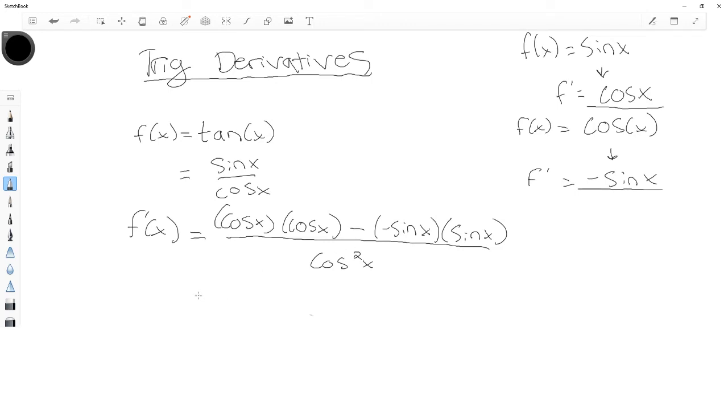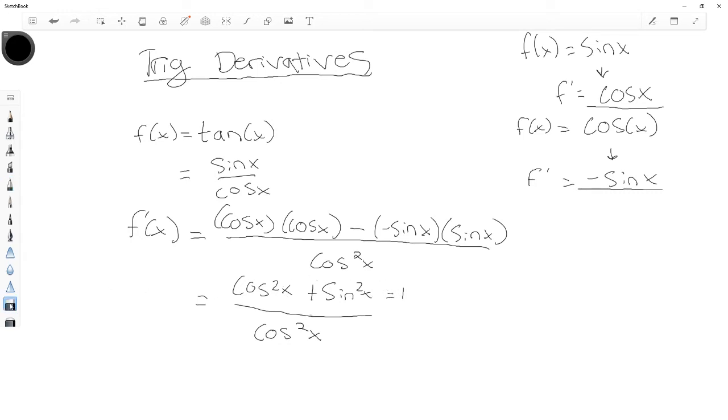And so we can simplify that down to cosine squared x plus, because this is a negative, sine squared x over cosine squared x. And we can refer back to our trigonometric properties. We know that cosine squared x plus sine squared x equals 1.